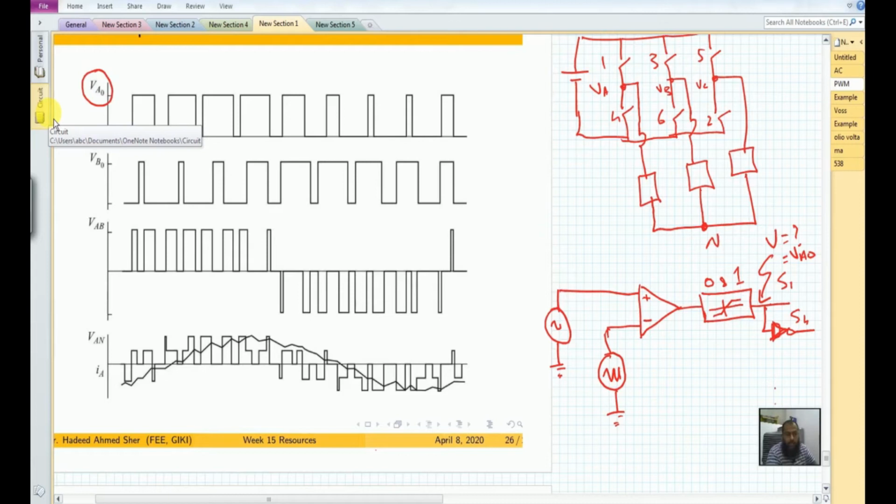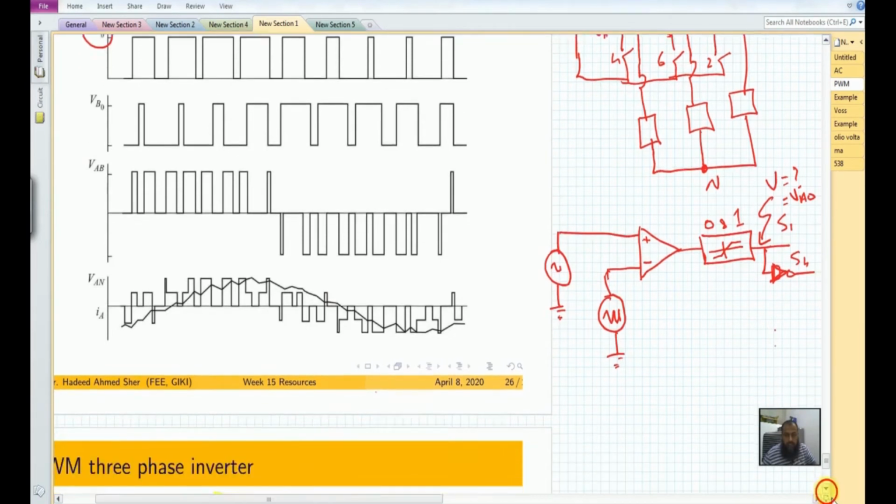And also for VB0, we need to have another sinusoidal operation here.